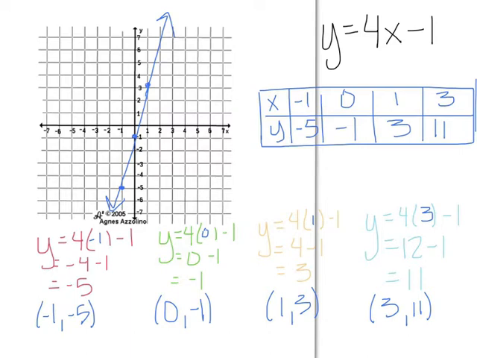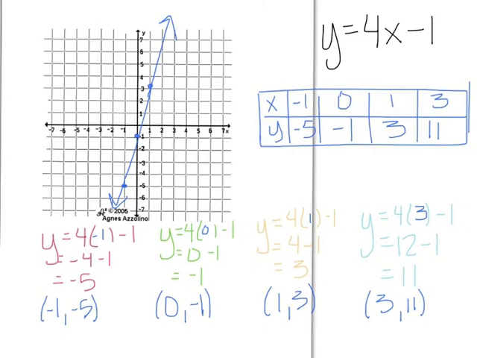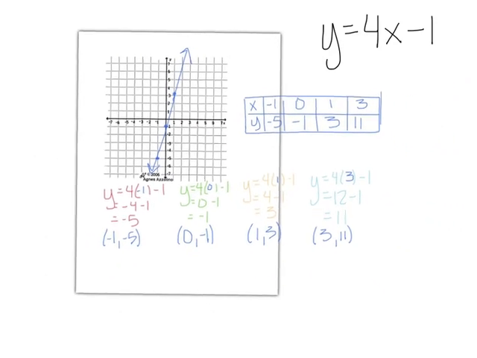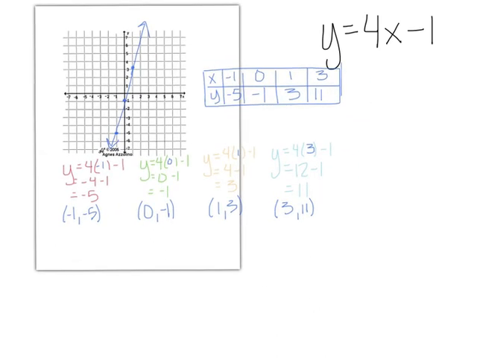Then it asks us to write the domain and range of the set of points. So let's go ahead, see if we can shrink this down a little bit. So we can write the domain and range. So our domain values and our range values.